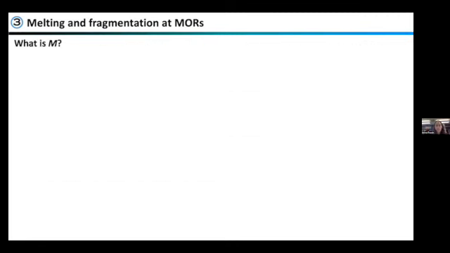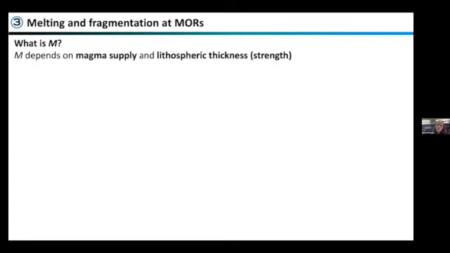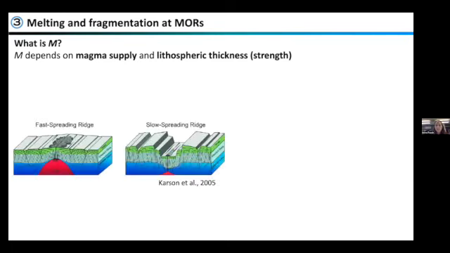But the one question at the end of the day is, what is M? Essentially, M is a parameterization of complex processes of diking, faulting, and sill emplacement. We only know that M depends on magma supply and the lithospheric thickness, which is essentially the strength of the lithosphere. However, they are coupled, in my opinion.